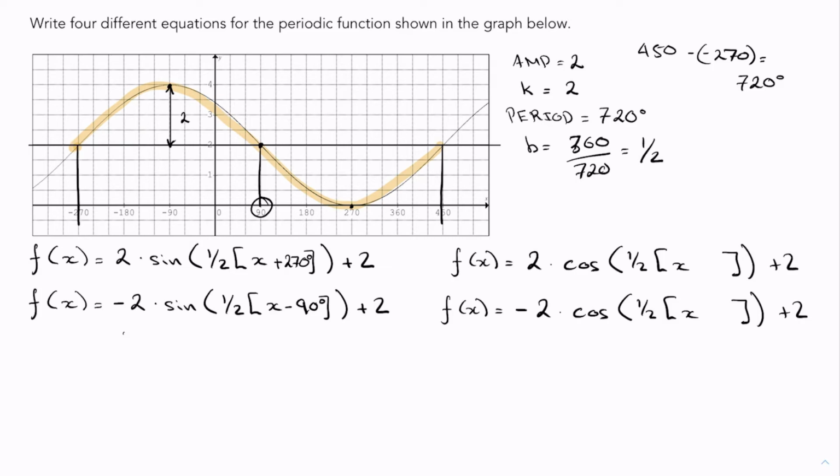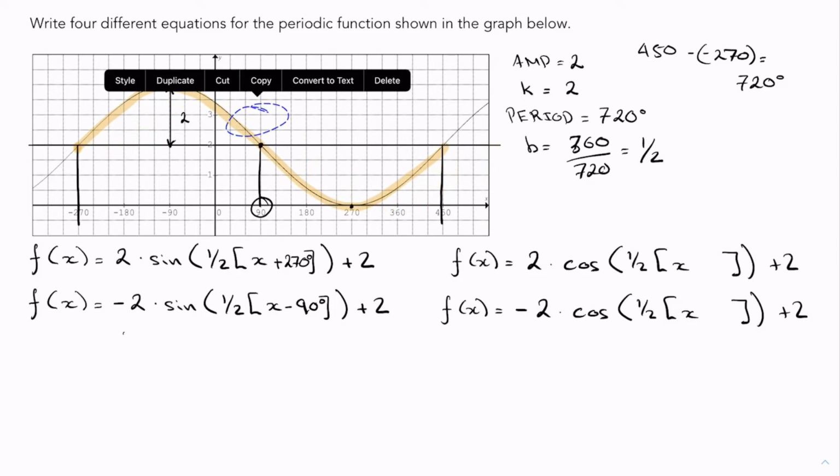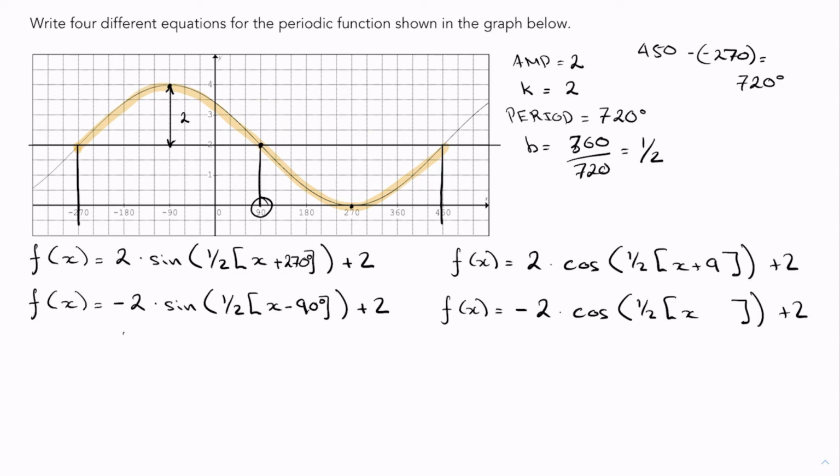What happens? So cosine starts from the top and then goes down. So that's where my original graph would be, and I'm shifting it back 90 degrees. So my shift will be x plus 90 degrees. For negative cosine, I'm starting from the bottom.